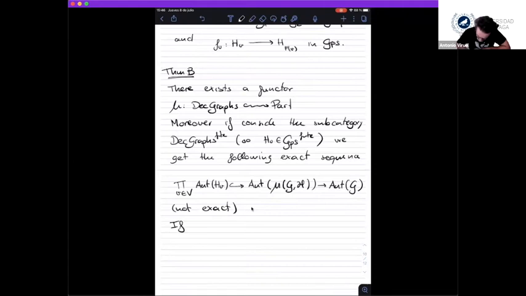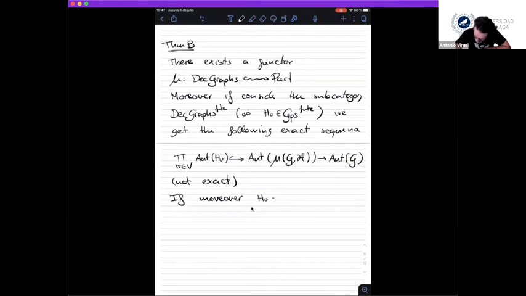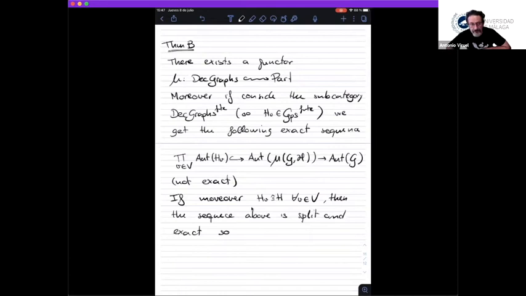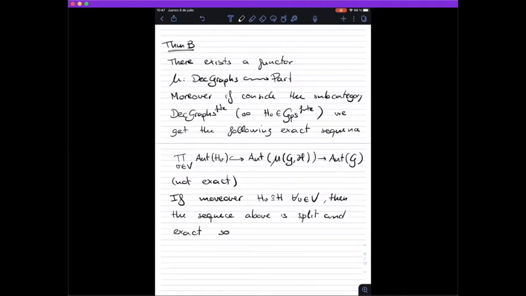If moreover H_v equals a fixed H for all v in V, then the sequence above is split and exact. So, yep. So was anyone asking something? No?